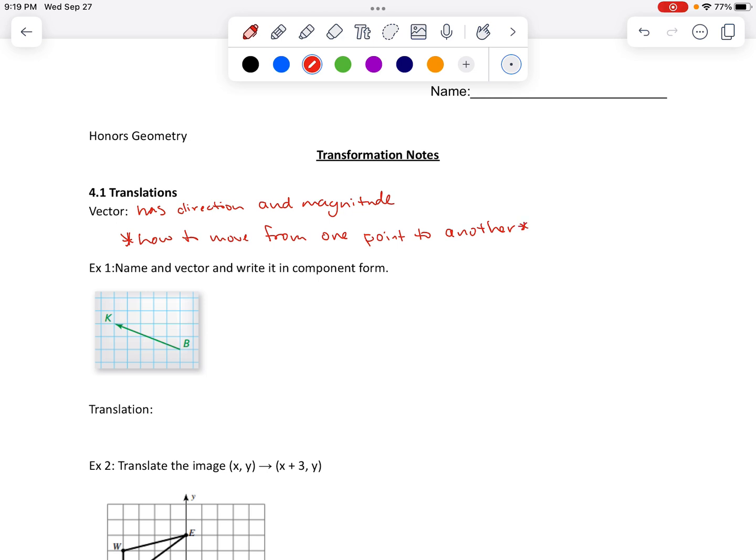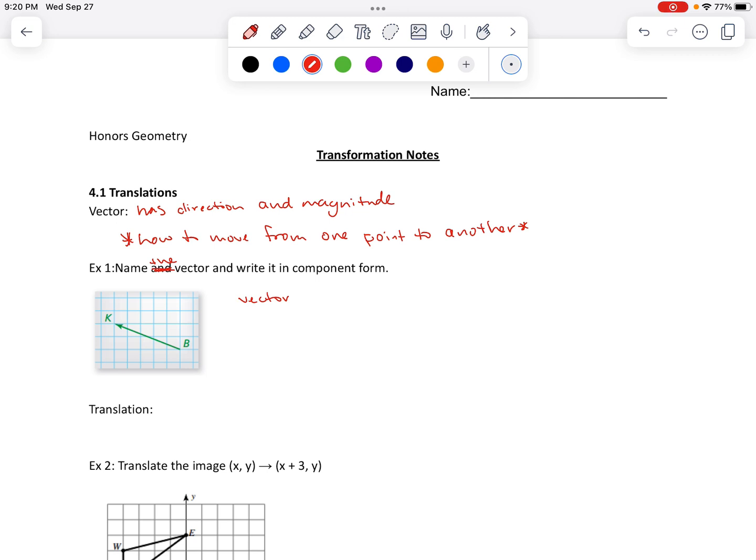So, looking at example 1 here, you need to look at a picture and kind of understand what I'm talking about here. So, name the vector and write it in component form. So, the vector, there are two things you need to know about a vector.